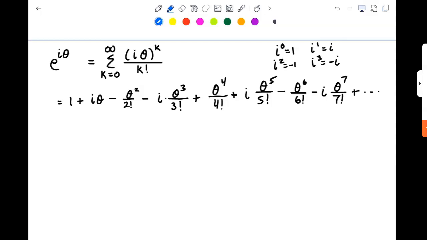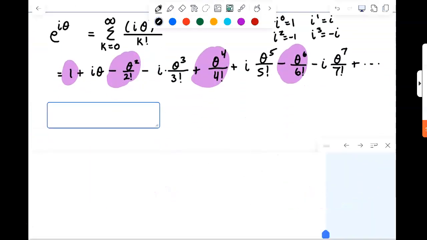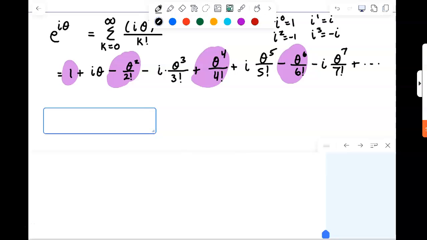Let's make these terms stand out just a little bit more here. So the purple ones there, I could write this down as a group, because we can regroup stuff.